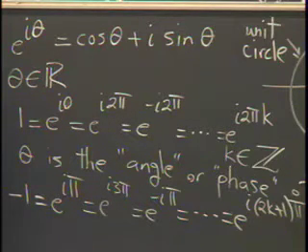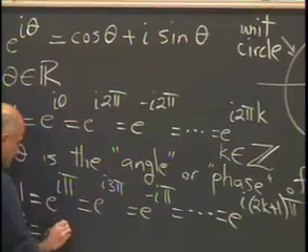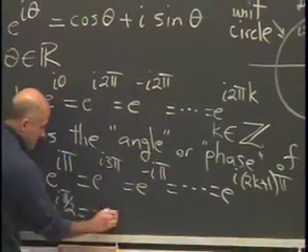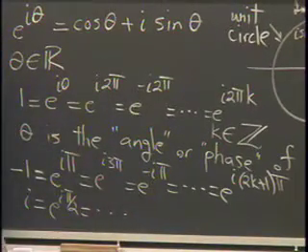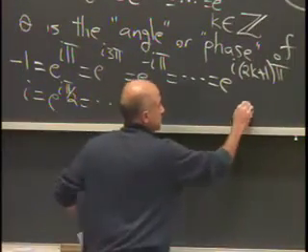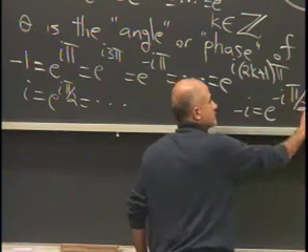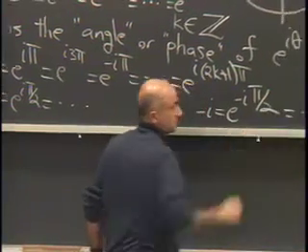Okay. What about I? e to the I pi over 2 and its equivalents. And minus I will be e to the minus I pi over 2 and its equivalents.